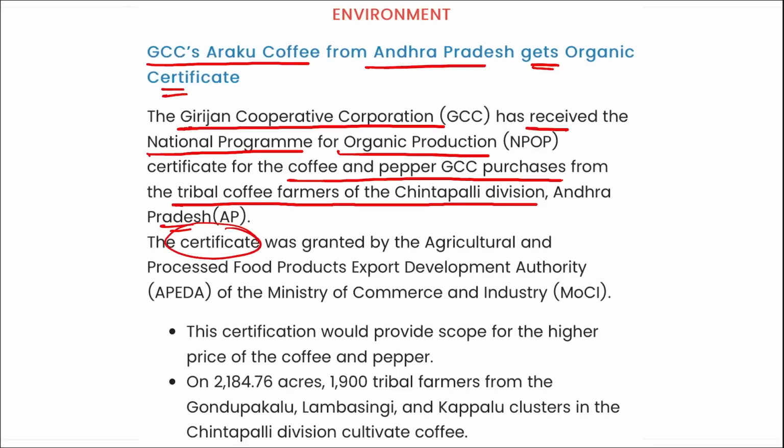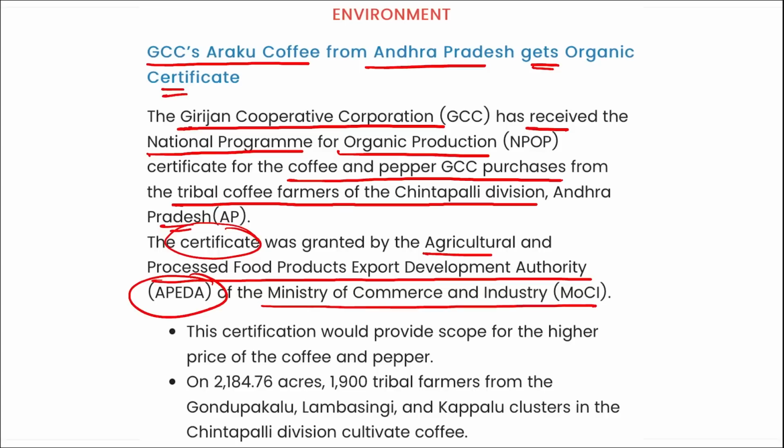This certificate was granted by APEDA, that is your Agriculture and Processed Food Products Export Development Authority, which comes under the Ministry of Commerce and Industry. Right? So coming back, remember it is the Araku coffee of GCC that has recently got the organic certification, that is, this product is 100% organic.